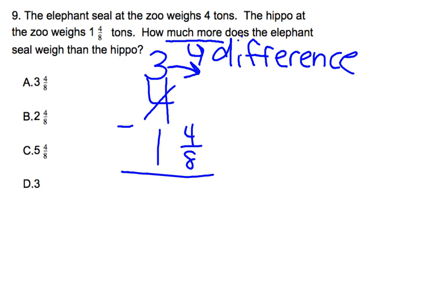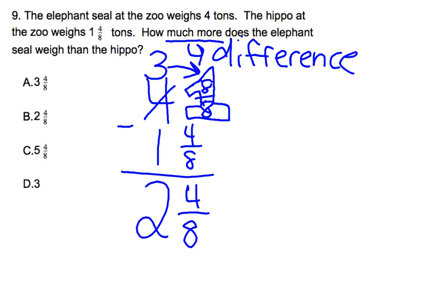And what I do is I give that 1 whole over here to the fraction. But 1 whole is equal to 8/8. So now I have 8/8 take away 4/8 is 4/8. And 3 take away 1 is 2. And that's why the answer is B.